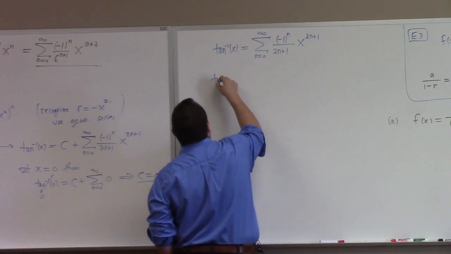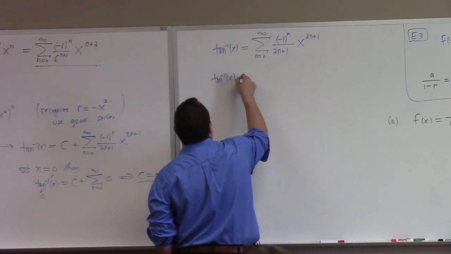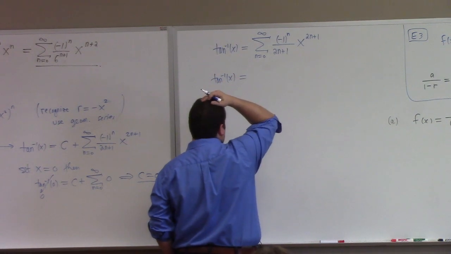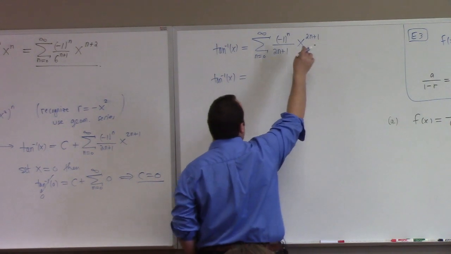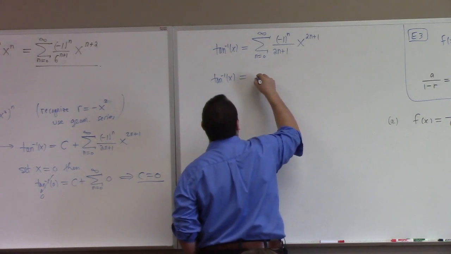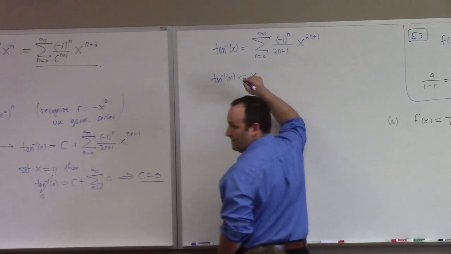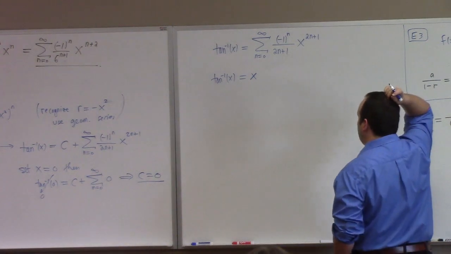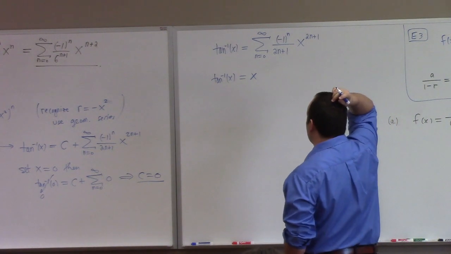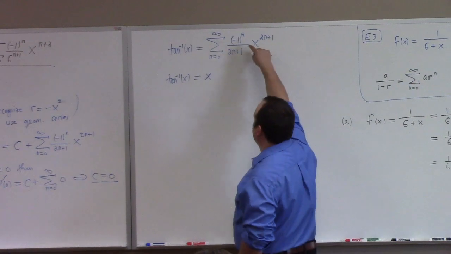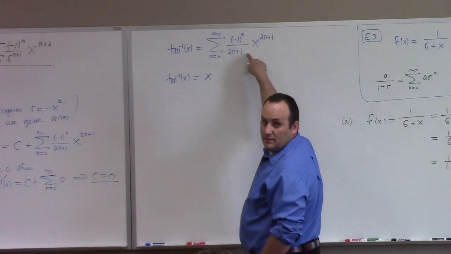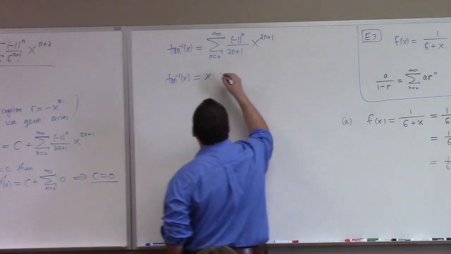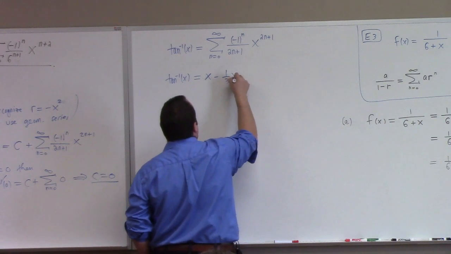In other words, the first three terms, let's see here, put n equals 0, what do you get? We get x, right? What happens when we put n equals 1? That makes this a minus, that makes this a third. So we get minus 1/3 x cubed.